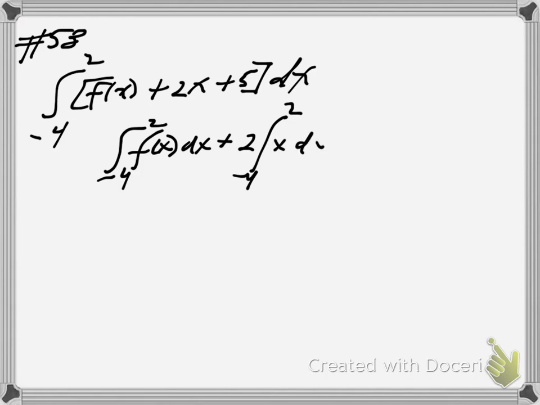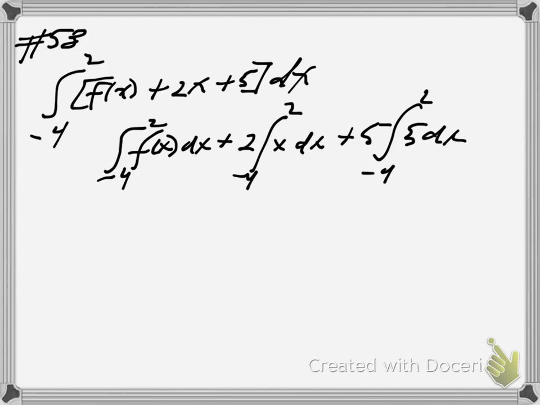I'm breaking this into three integrals, plus the integral of a constant from -4 to 2 of 5. Okay, so I've just taken that integral, and based on the properties, I've broken it into three separate integrals.